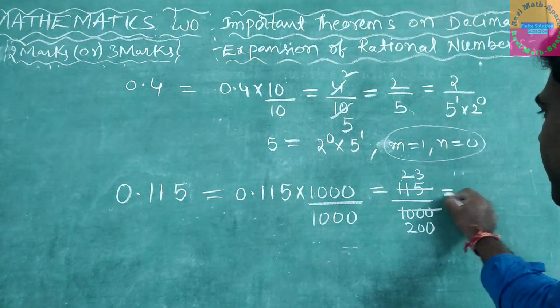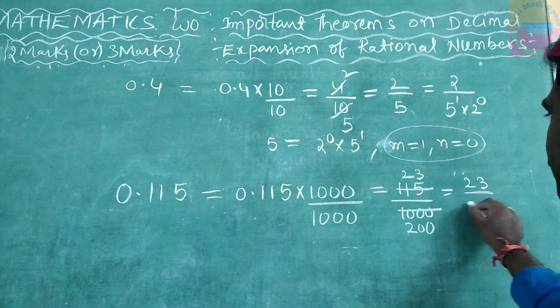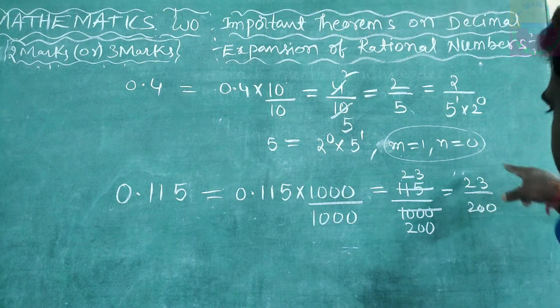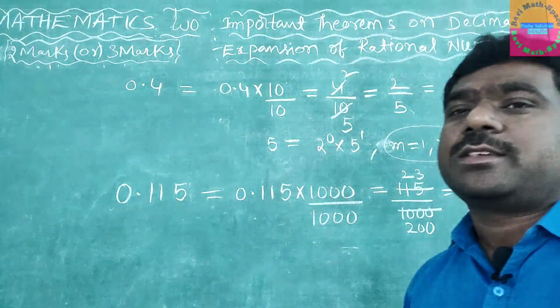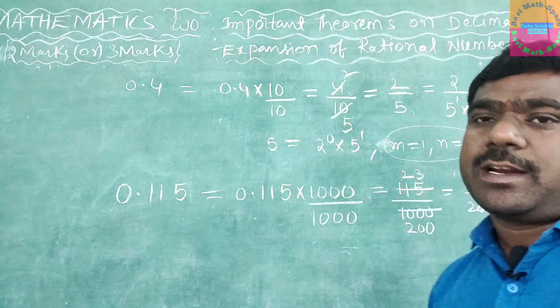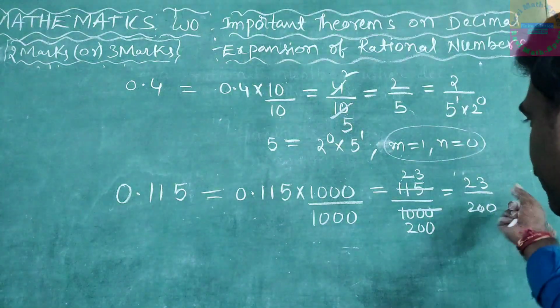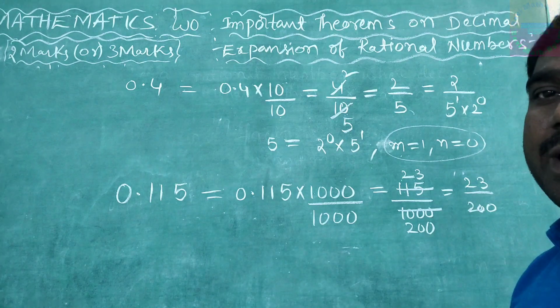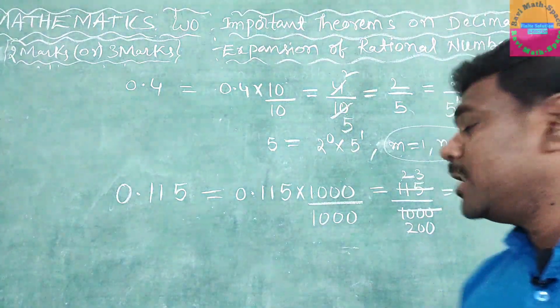The remaining answer is 23 by 200. Now 23 and 200 do not have any common factors except 1. Therefore, it is the lowest form of the rational number.